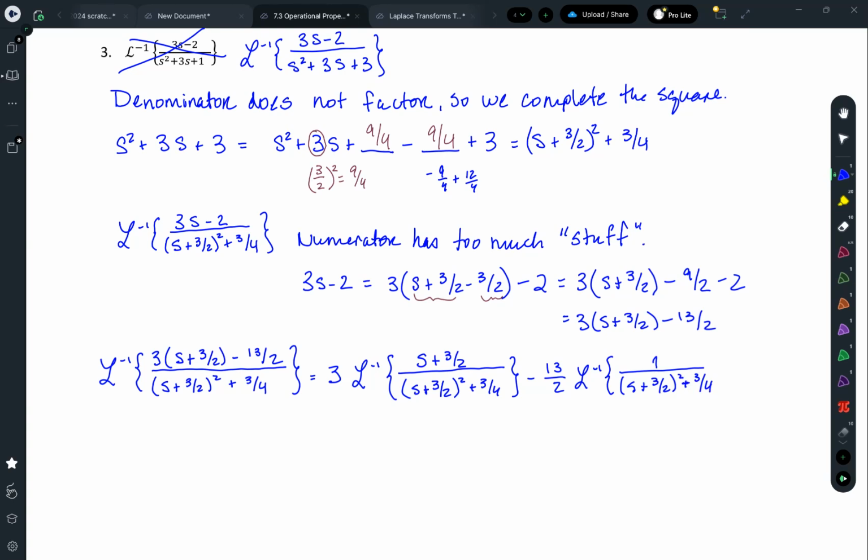Okay, so now this is almost how I want it. When I'm looking at the first one, the Laplace inverse of s plus 3 halves over s plus 3 halves squared plus 3/4, this looks good.